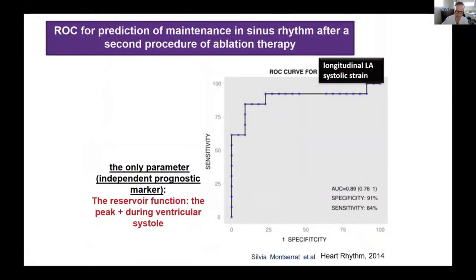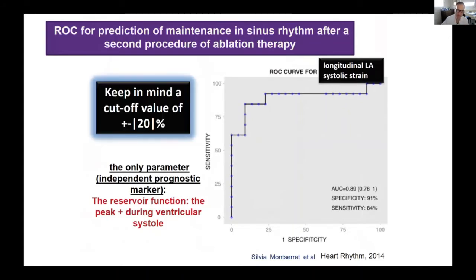Also, when you have a patient that has been treated by RF ablation for the atrial arrhythmia, you can use the LA strain to predict the risk of recurrence, and there are something like 10 papers that have been published providing quite always the same cutoff for the LA reservoir function.